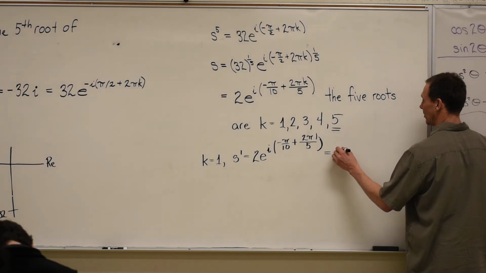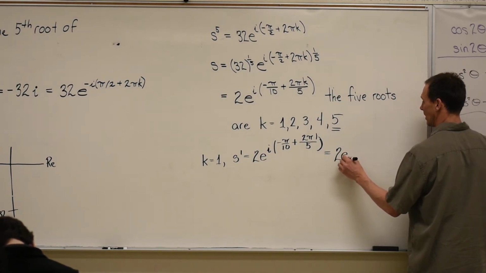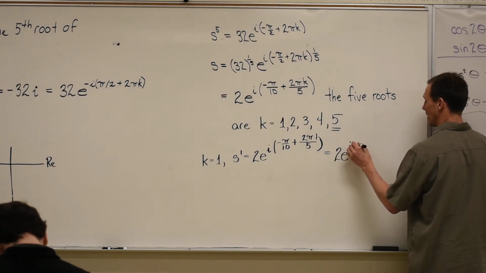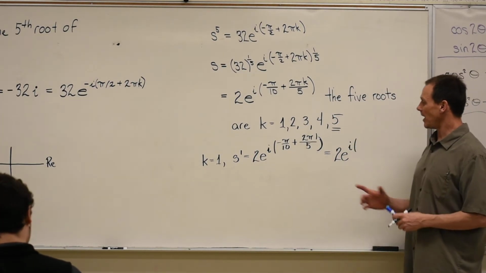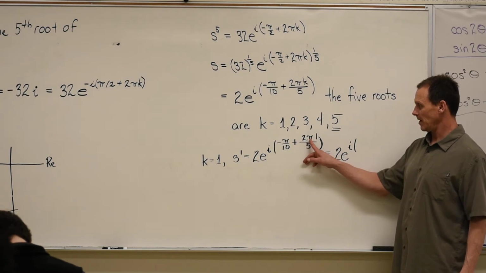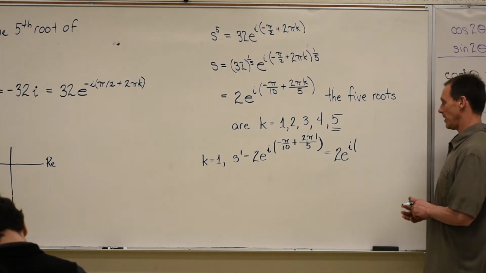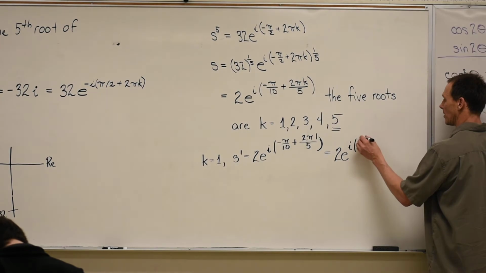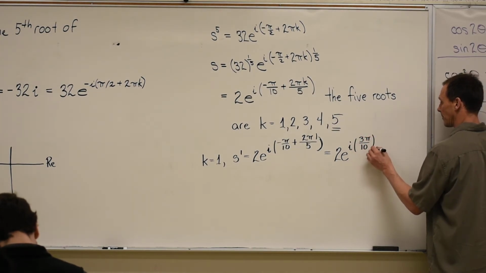So notice that if I had a common denominator, it'd be 10. This is going to be a 4 pi. So 4 pi minus pi, that would be 3 pi over 10. That is my first one.